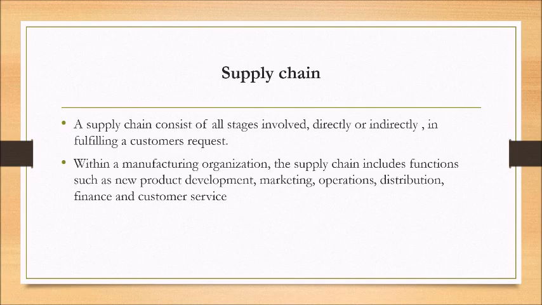Next one is operations. Operations is nothing but the processing which happens in the company. Once the final product is done, there is a different section for distribution, and to produce a product you require finance. Without money you can't do anything.